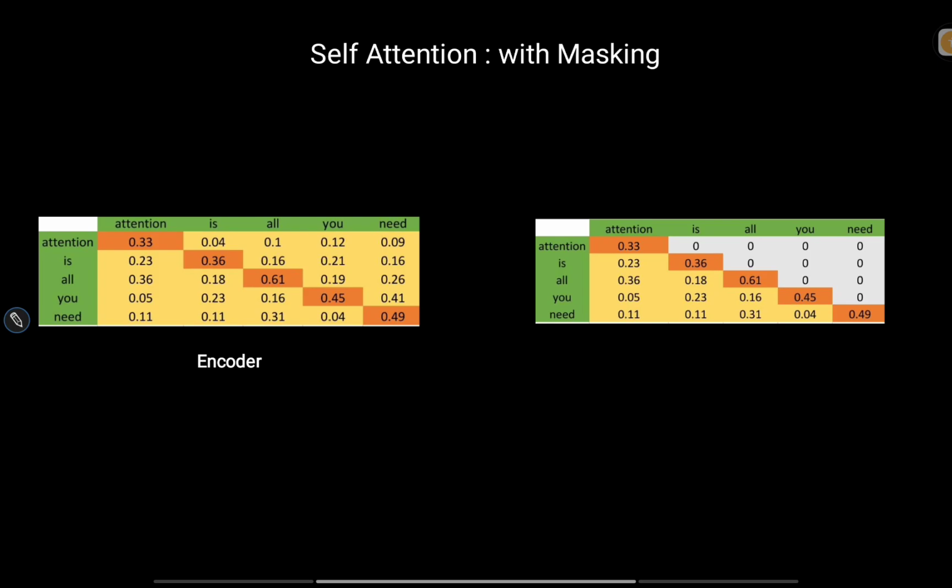All these values which I am showing here, you can see the diagonal elements are highlighted because that is a word looking into itself, using the self-attention mechanism. Those attention scores will be much higher, but these values are random, so I have used random values in this matrix. Don't wonder why the values are not adding up to 1, because after doing the softmax, each of these row-wise elements will sum to 1, right?